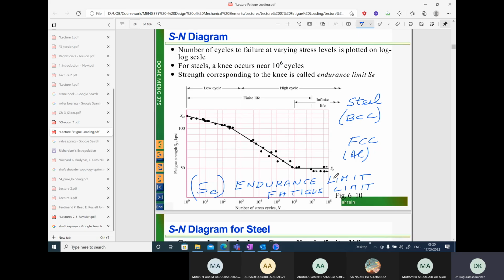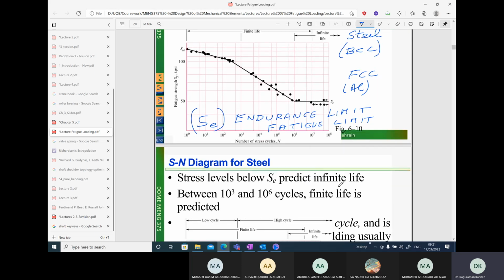We do not have any endurance limit or fatigue limit experimentally. We cannot find any endurance limit with respect to that. Again, all these are found through experiments. There is no theory behind it. We still do not understand why the endurance limit exists for BCC materials and does not exist for FCC materials. We have no idea about it. No proper theory behind that.